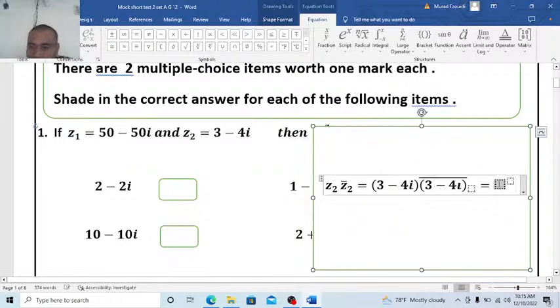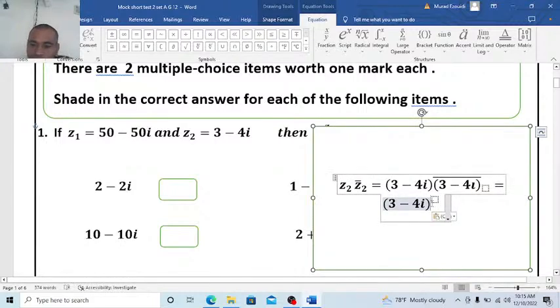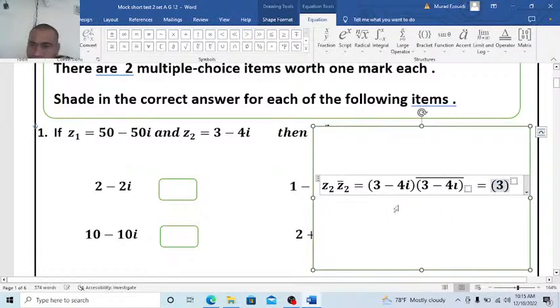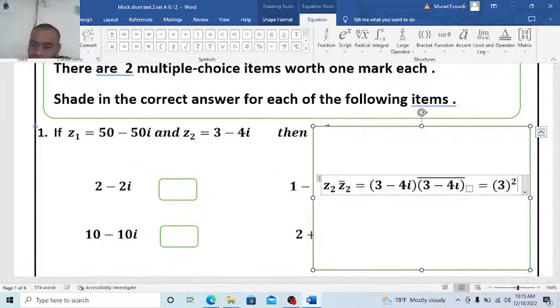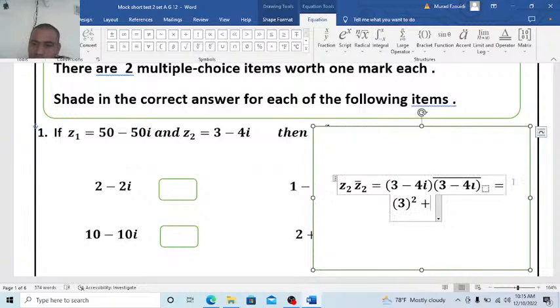When you multiply the two complex numbers, it is 3 squared plus negative 4 squared.